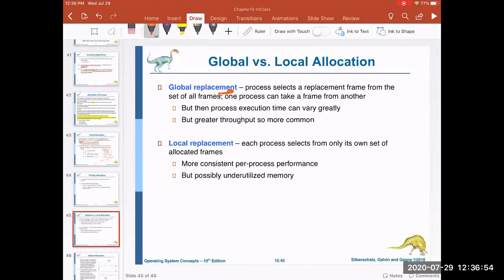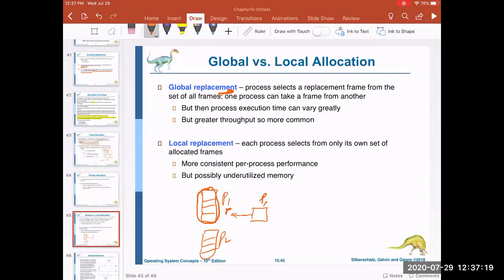Let us suppose we have process P1 and process P2, and there is a fixed number of frames given to each. Now, if there is a free frame request related to P1, local replacement means the replacement should be done from within the local number of frames allocated to P1.